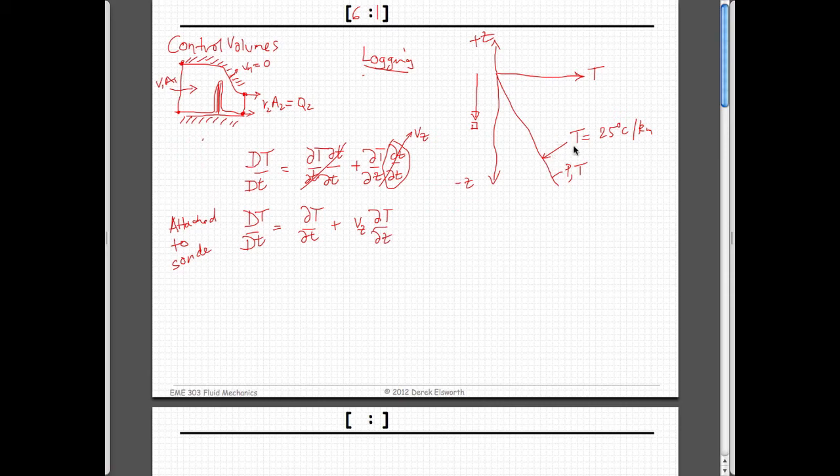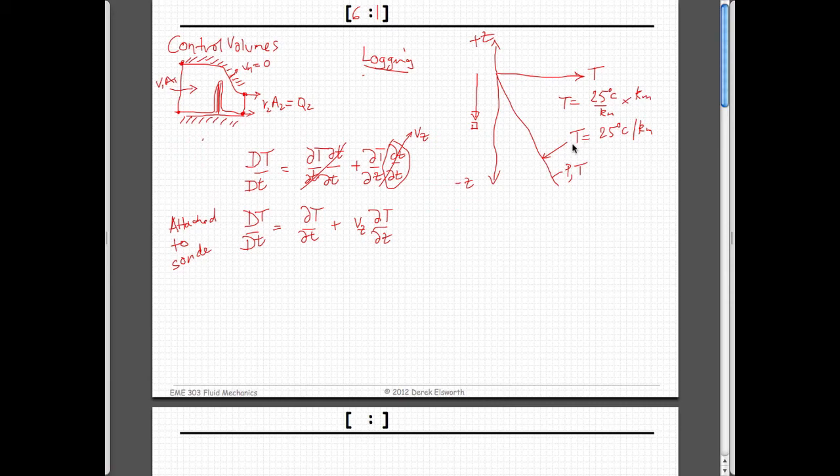Okay? So let's think of what this is. What does this say? Temperature is equal to 25 degrees C per kilometer times kilometers, right?